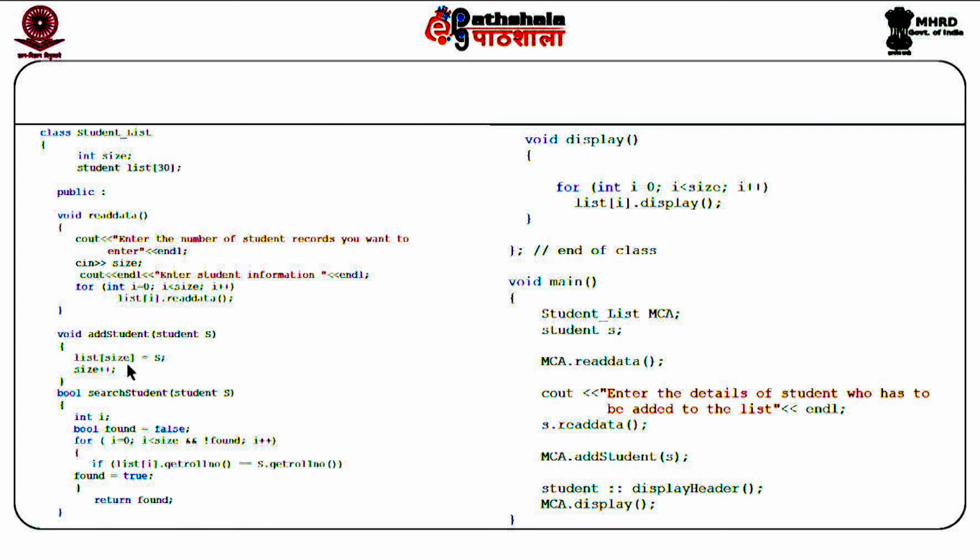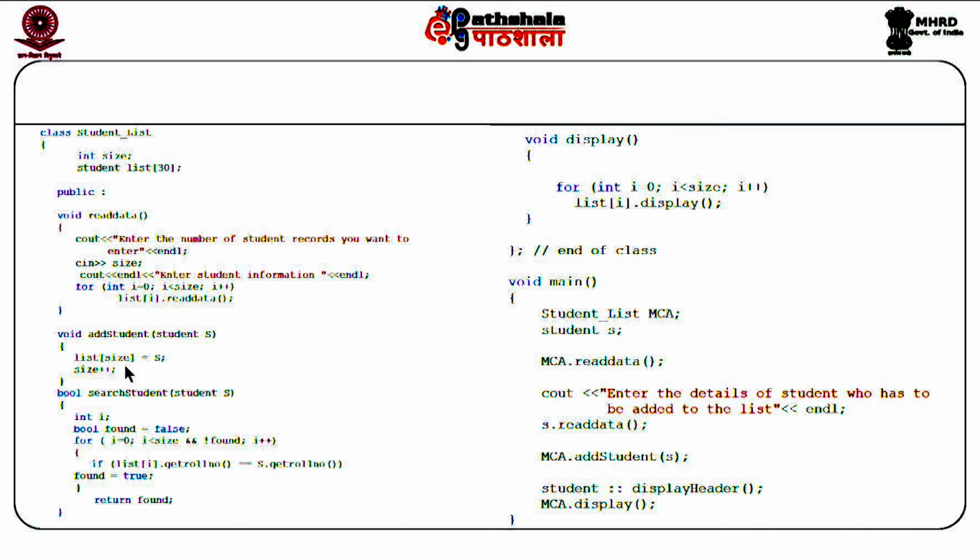For example, let us say the value of this size is 10. So, the student records will be stored on the indices from 0 to 9. If I want to add another student, I would like to add at the index 10. So, what I would say is list[10] is equal to another student, and now you know that an object can be assigned to another object of the same class.